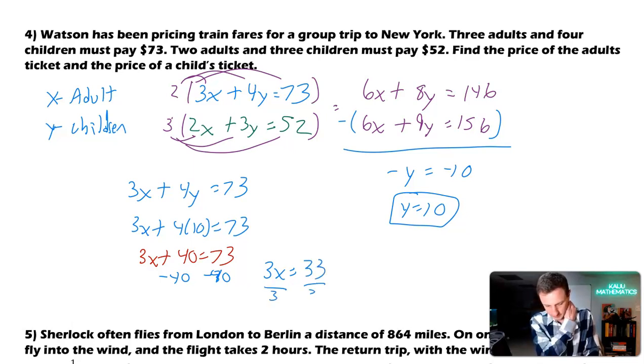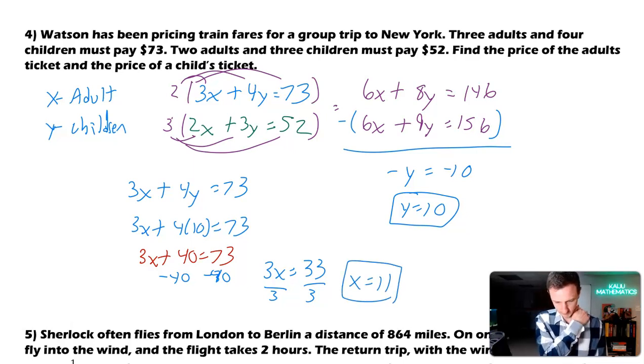Divide by 3, x equals 11. So that means the adult is going to pay $11 and the child is going to pay $10. Nice $1 discount. One less dollar for the child.